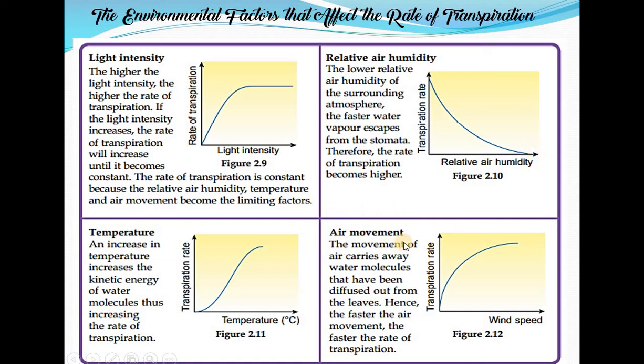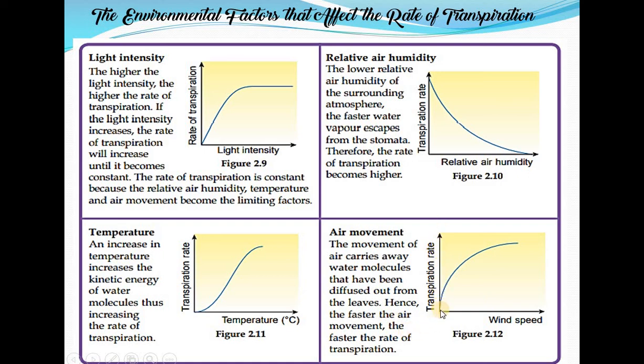The fourth factor, air movement. The movement of air carries away water molecules that have diffused out from the leaf. Hence, the faster the air movement, the faster the rate of transpiration. This refers to the relation of air movement and the rate of transpiration.